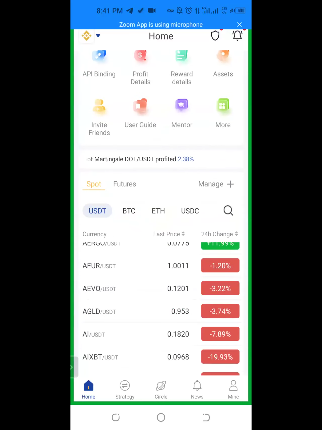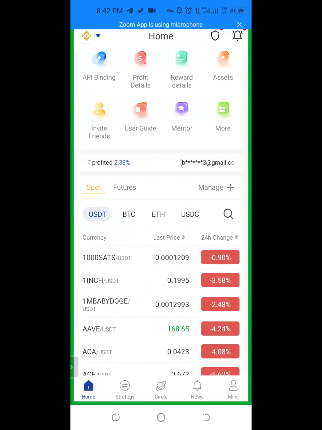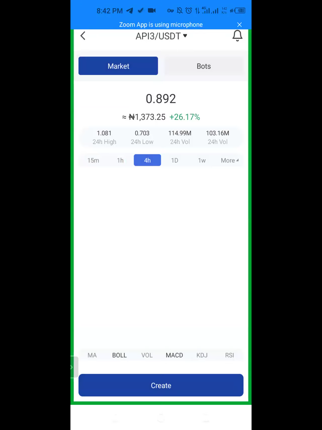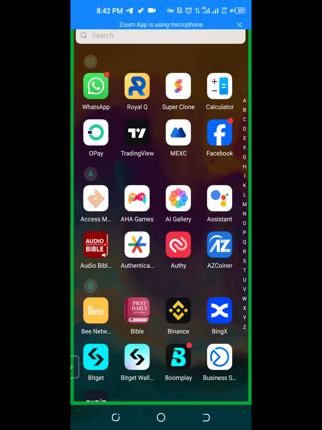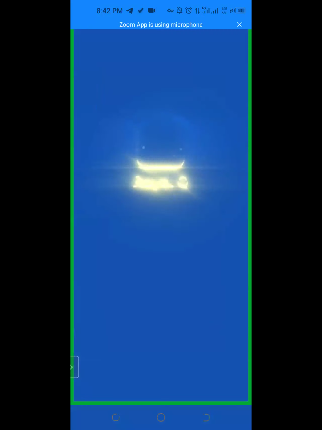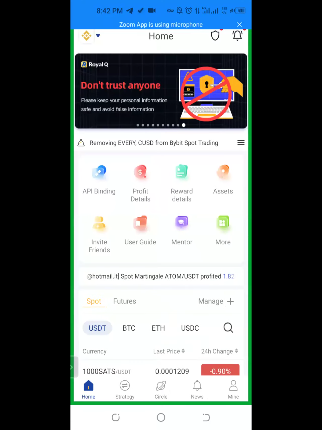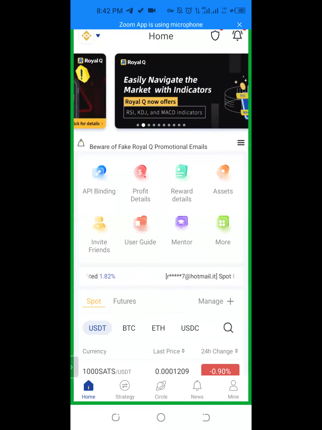There are 2 ways you can use it. Now, if you want to use the MACD indicator, you still need to follow the rule. Don't just go and enter any coin anyhow, because we say that in this market, if you use this indicator and don't use it very, very well, you will enter floating loss. And that's one of my strategies that I share with some people that I call hyper profit strategy.